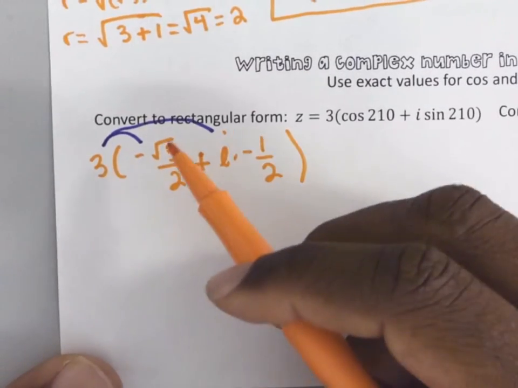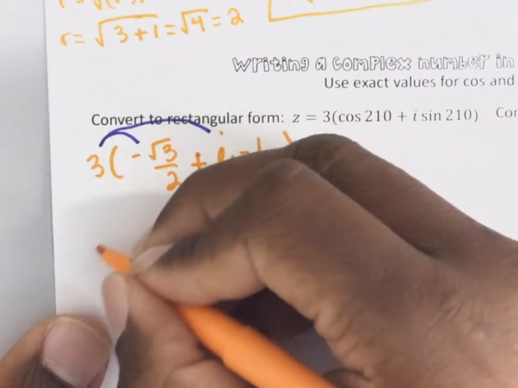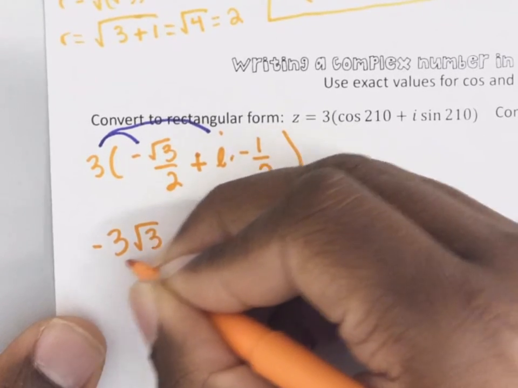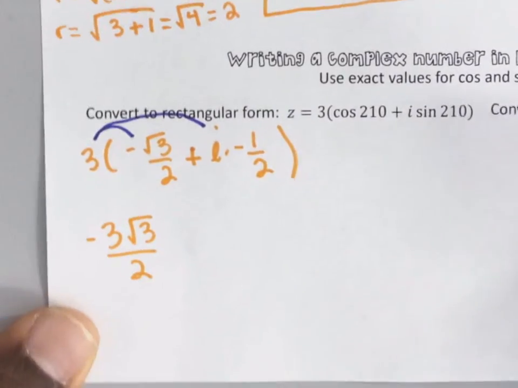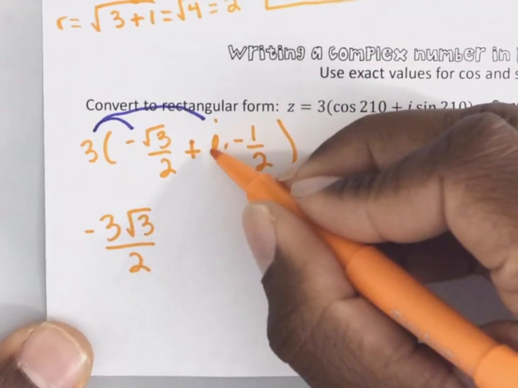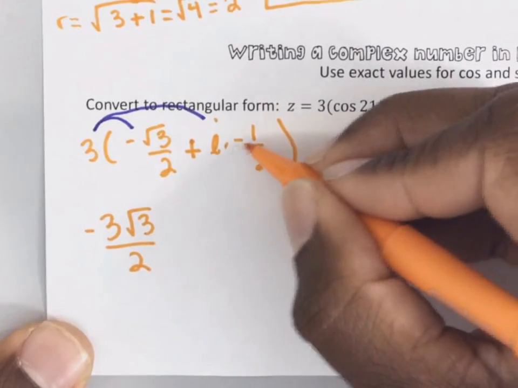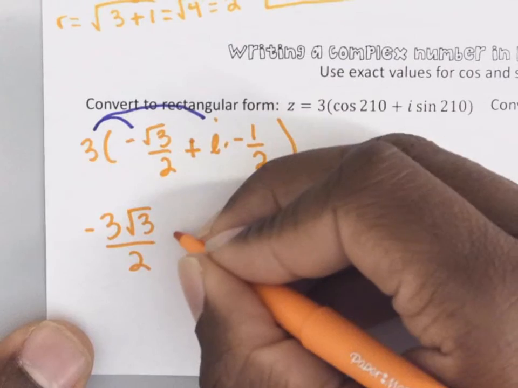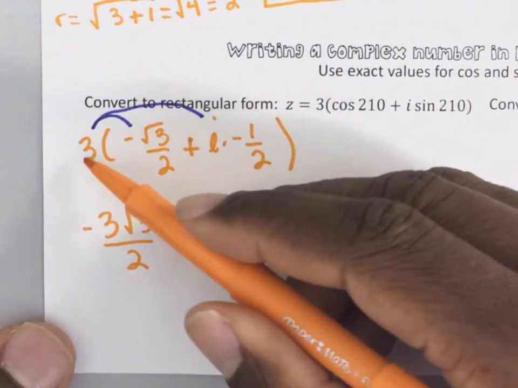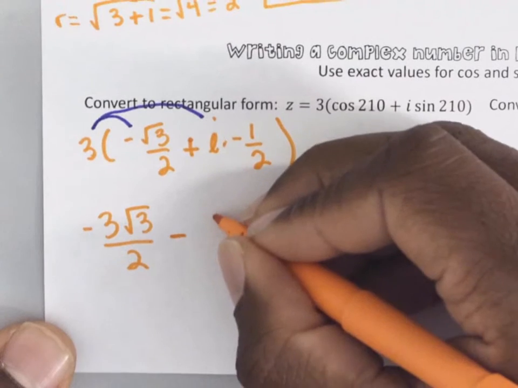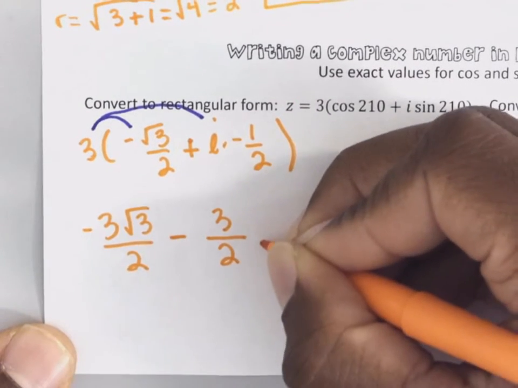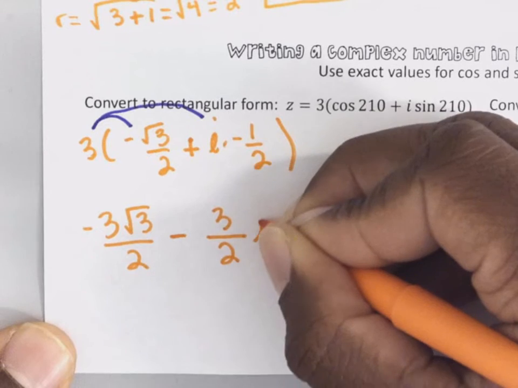So 3 times negative root 3 over 2, and I can't simplify that. Since it's a positive times negative, this whole outcome would be negative. So I'll go ahead and do minus. And then I got 3 times 1 over 2.